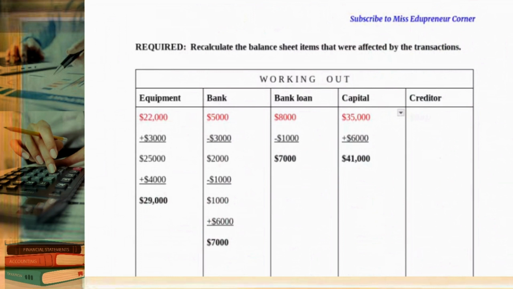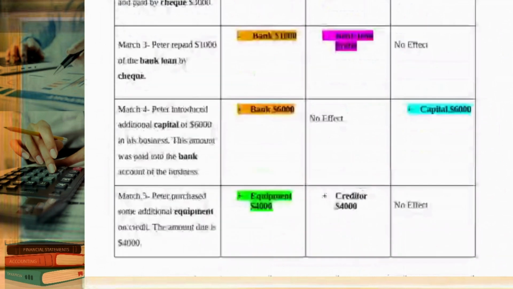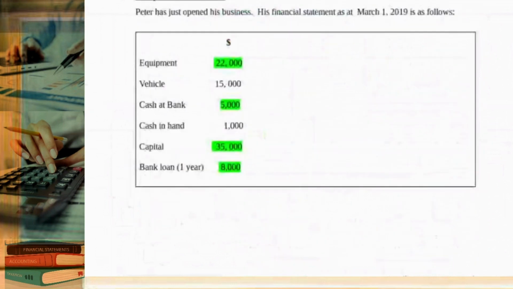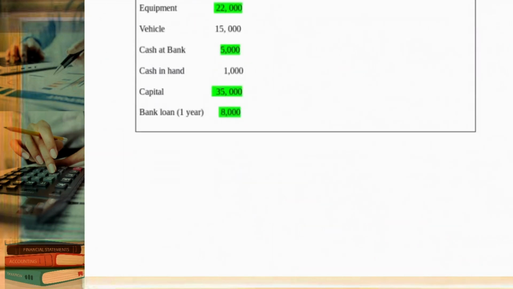And then the final item, creditor. So we're just going to check the old balance sheet to see if there was a figure provided for creditor. So no, there was no figure for creditor. So we're just going to head to the effects table and pick up the figure that is there.